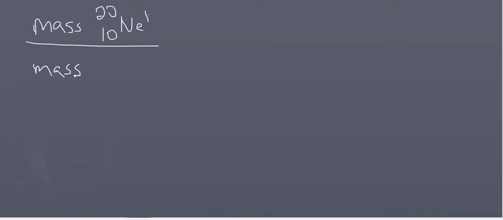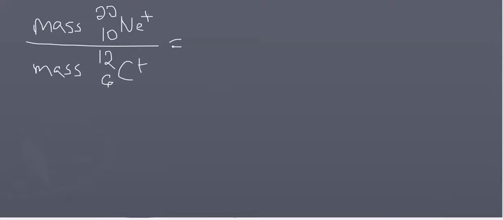So let me give you an example of some data you would get. If I want to determine the mass of neon 20, I would compare this to my reference, which is carbon-12, because carbon-12 has a mass of exactly 12.00 AMUs.